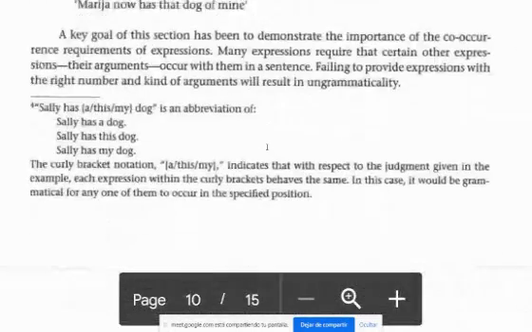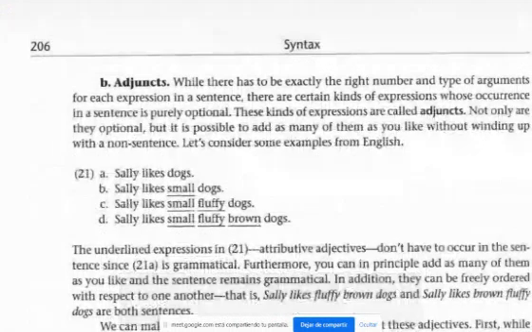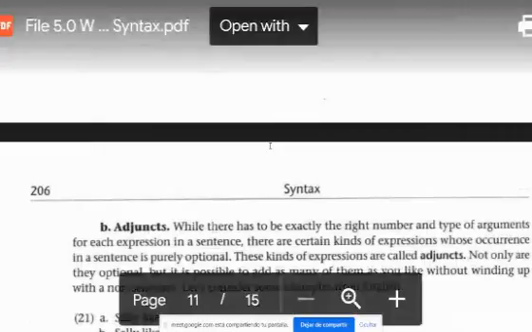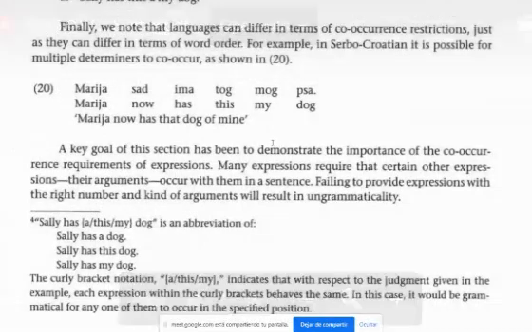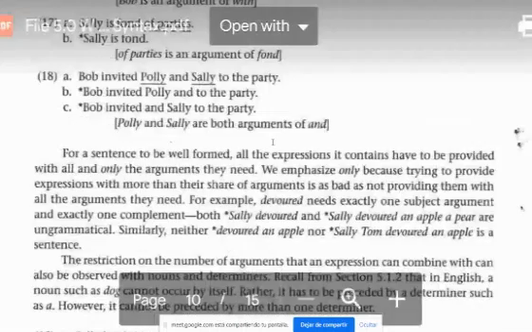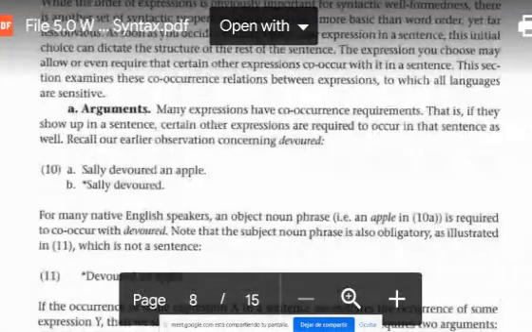Let's see what else we have here. Adjunct. Do you know what is an adjunct? Any ideas? It's extra information given to the object.